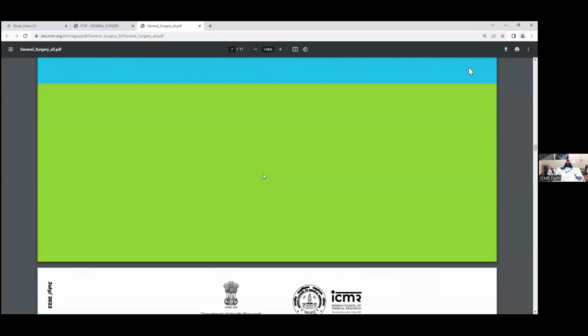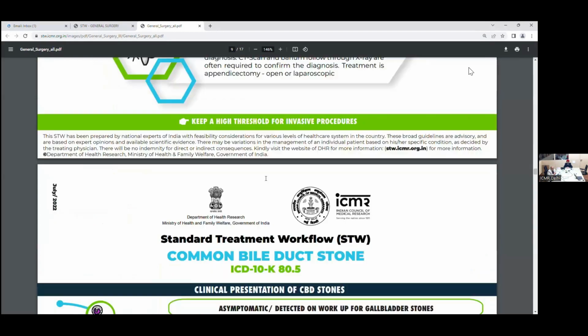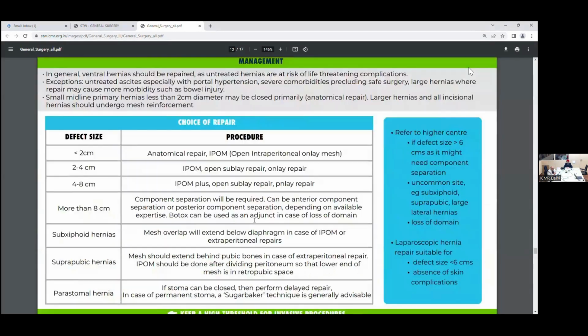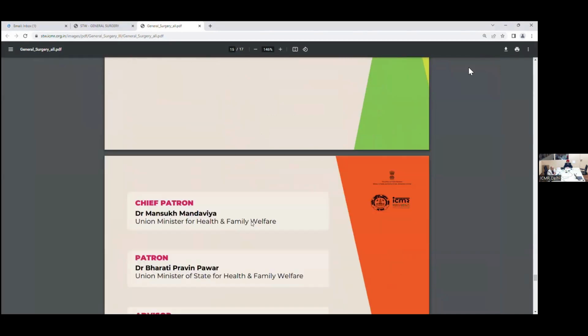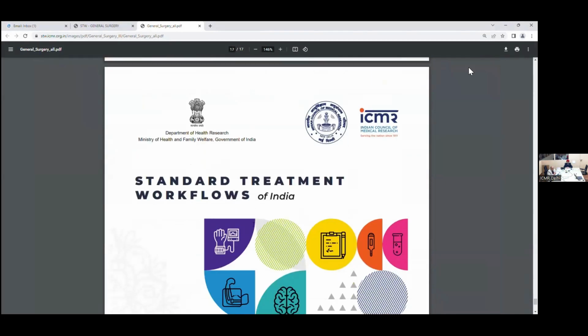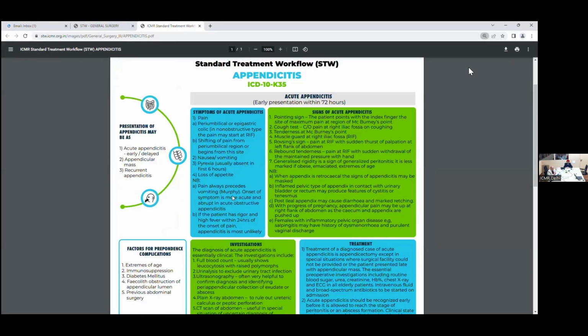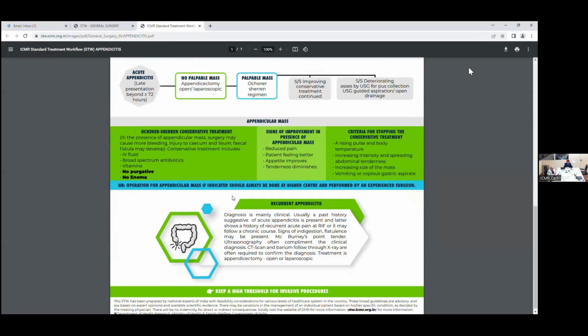one by one. All the STWs of general surgery are available in a single PDF. Apart from that, they are also available one by one, condition-wise, in single PDFs.